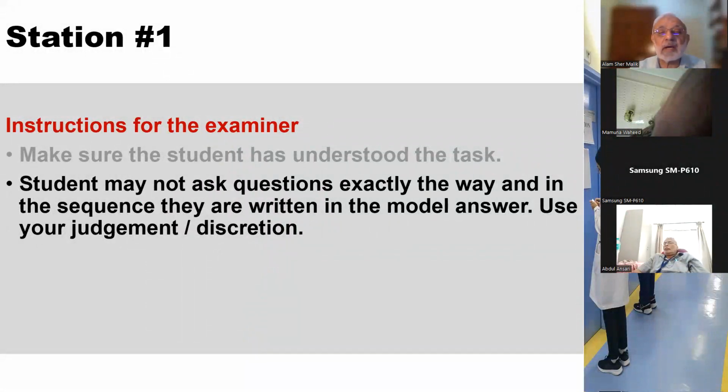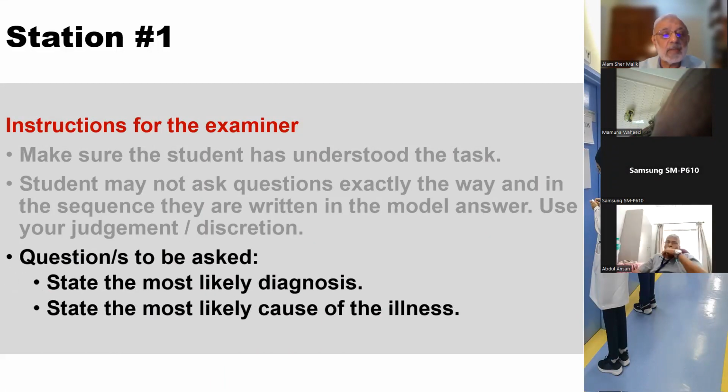A student may not ask questions exactly the way and in the sequence they are written in the model answer, so the examiner has to use his or her judgment and discretion. The questions to be asked for this station are: state the most likely diagnosis and state the most likely cause of the illness.